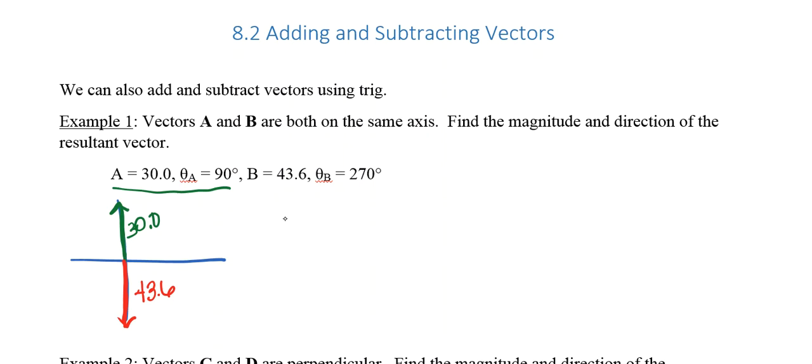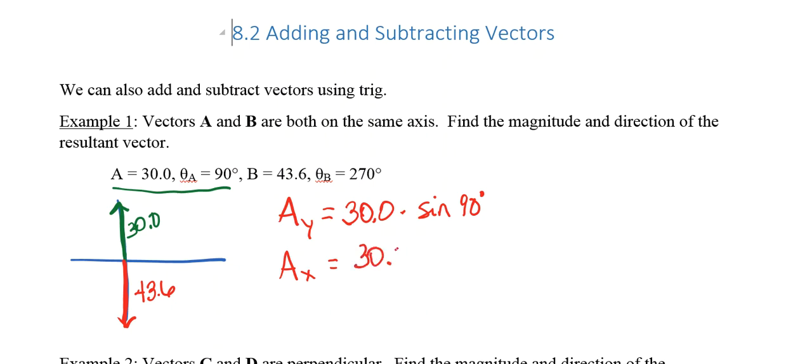To find the vertical component, which is A_y, we figured out we take the magnitude and multiply it by the sine of the angle. And then to find the x, or the horizontal component, we do the magnitude times cosine of the angle. So I'm going to go ahead and do both of those. This is going to get us to the Pythagorean theorem. I'm then going to do the same for B.